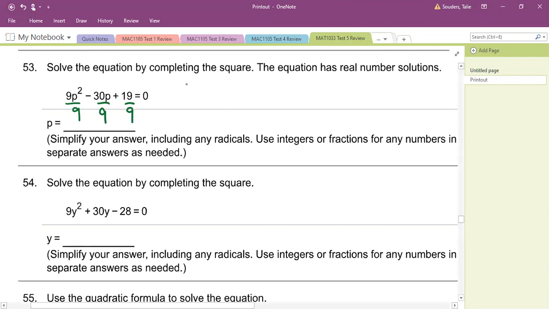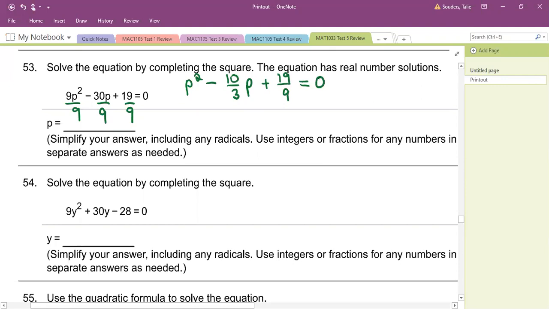So this becomes p squared minus, now 30 over 9 does reduce, and I do recommend reducing it because there's no need to deal with the really big numbers. What little number goes into 30 and 9? 3. So we can reduce that down to 10/3, right? To at least make the numbers a little more manageable. Plus 19 over 9 equals 0.